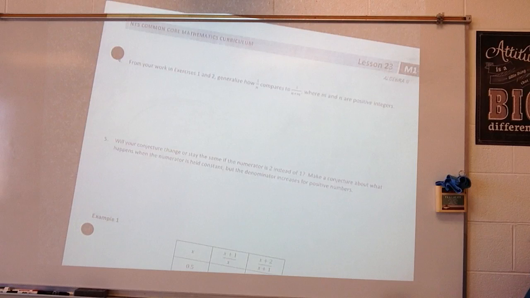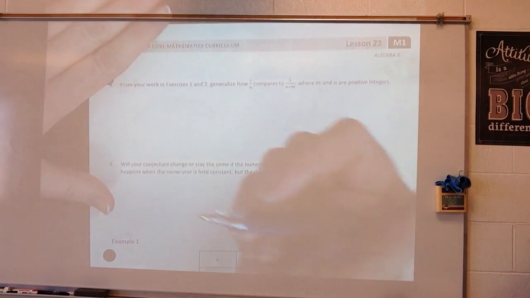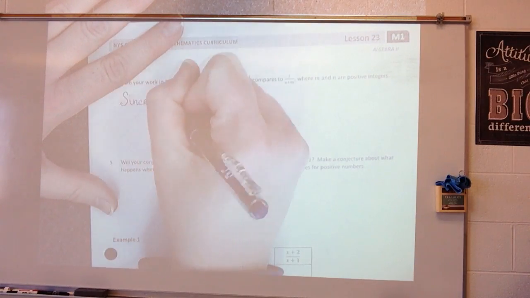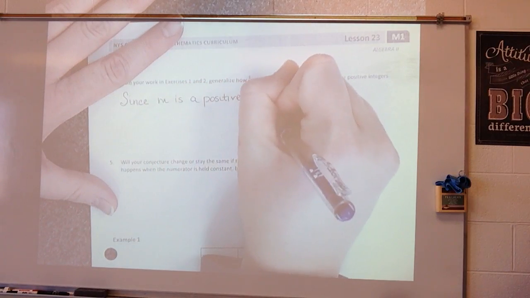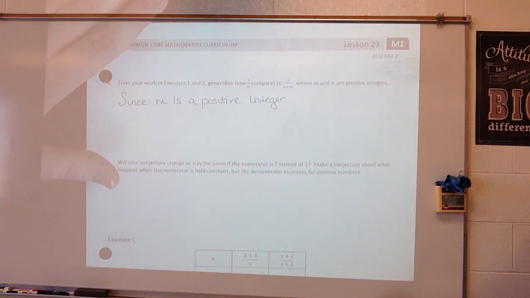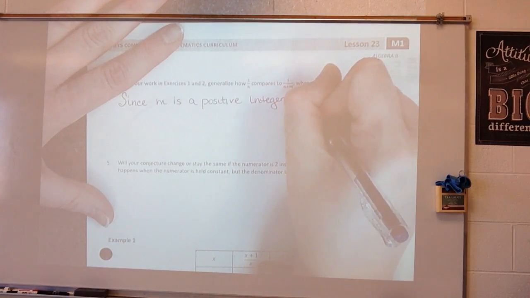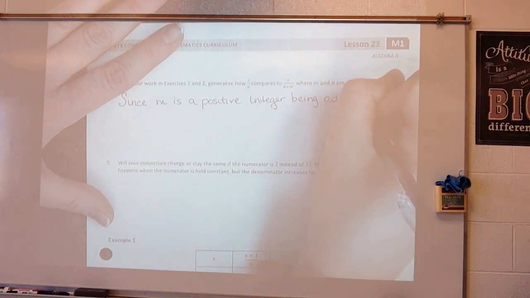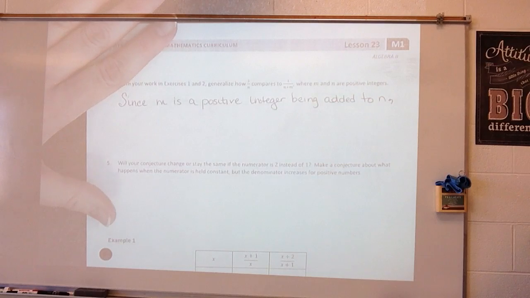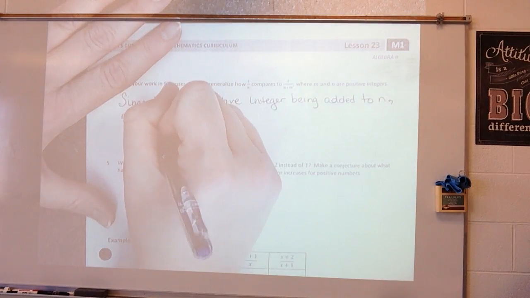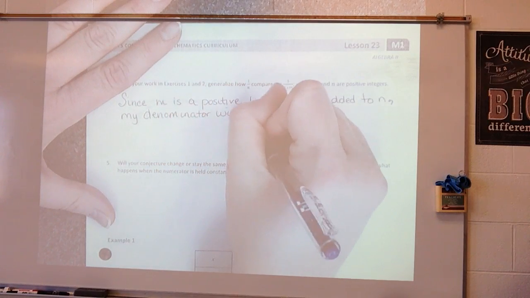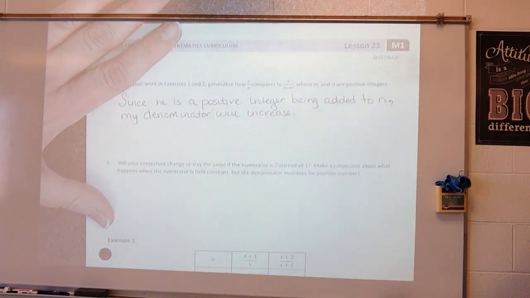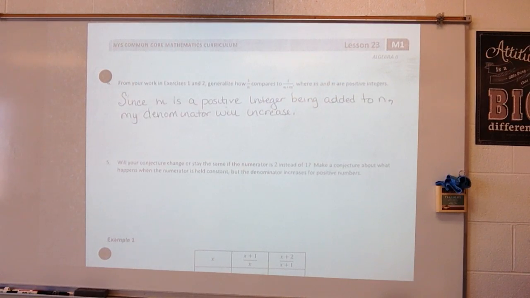Alright, so since m is a positive integer being added to n, then I know that my denominator is going to increase. My denominator is going to increase.